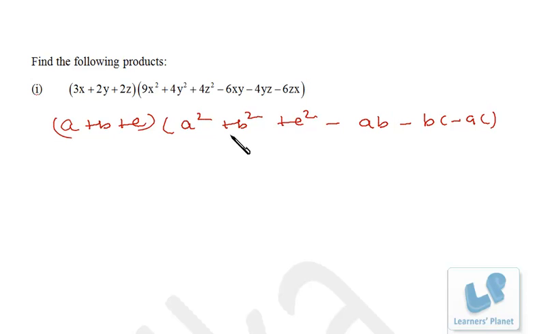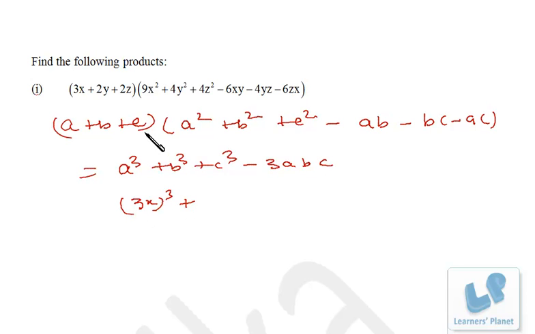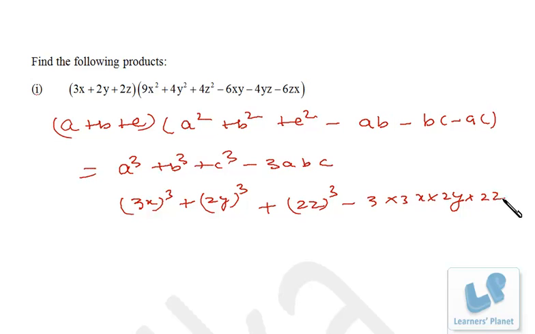So this multiplication, we know what that will be. It's a cube plus b cube plus c cube minus 3abc, right? Here a is 3x, b is 2y, c is 2z, minus 3 into 3x into 2y into 2z.